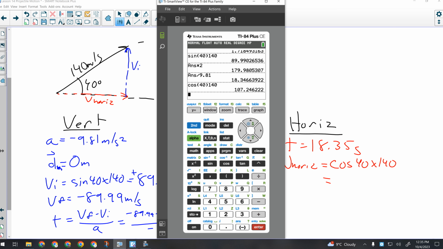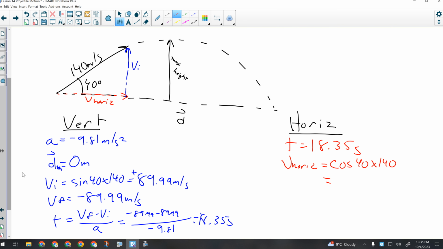Okay, which is going to give me 107.25 meters per second. Okay, so if horizontally it's going at 107 meters per second, and it does that for 18.35 seconds, can I figure out how far it goes horizontally? In other words, where it's going to hit the ground.